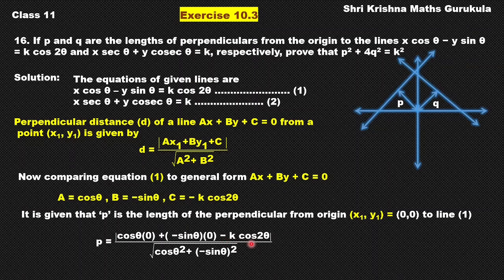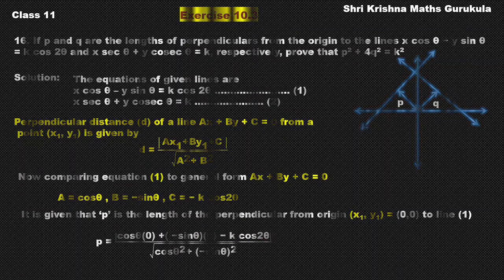This is the numerator inside the modulus. Now in the denominator, square root of cos square theta plus minus sin theta whole square. Is it clear? Minus sin theta whole square is sin square theta only. You square any term, even if it is a negative term, it becomes positive. So these two terms are 0. This is just minus k cos 2 theta in the numerator inside the modulus.